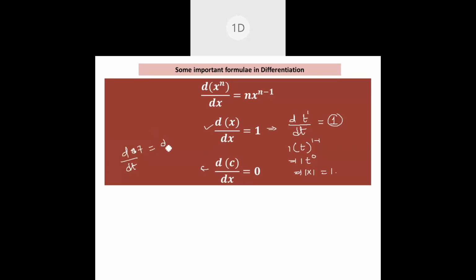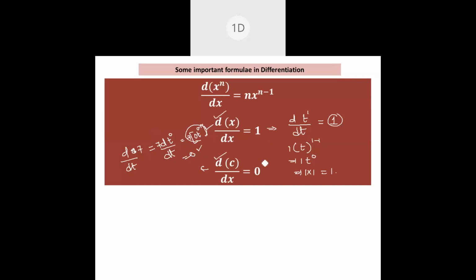I can rewrite this as 7 outside, d by dt of t power 0, because I can assume that as a 1. That is 7 into n into t power n minus 1, 0 into t power 0 minus 1. 0 into anything, the whole thing becomes 0. Okay guys, remember differentiation of t is 1, differentiation of constant is 0.